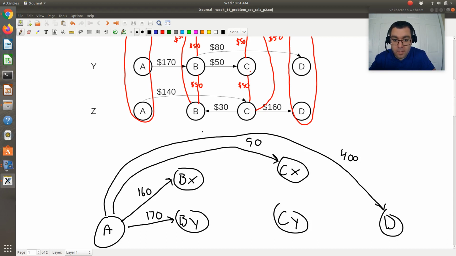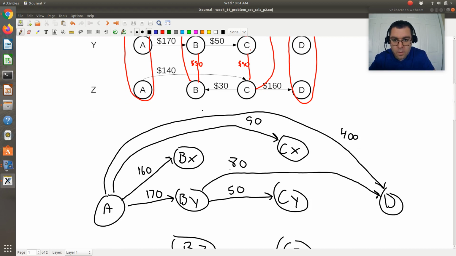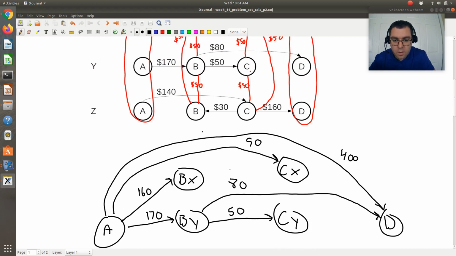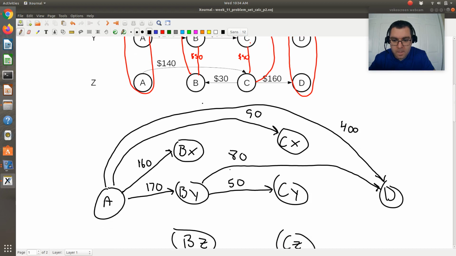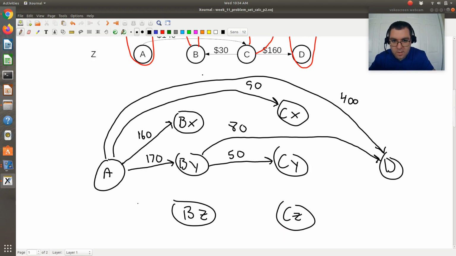I can go from B to C on airline Y, so BY to CY, that's $50. And I can go from B on airline Y to D, and that costs $80. And that takes care of airline Y. Then airline Z, I can go from A to C for $140.